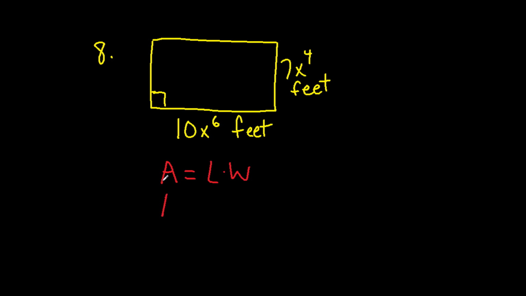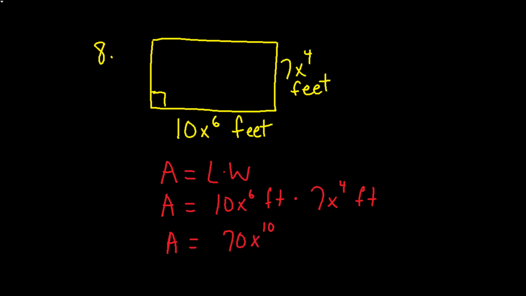In this case, if the length is 10x to the 6 feet and the width is 7x to the 4th feet, then we just multiply the 10 times 7 out in front to give us 70, and the x to the 6 times x to the 4th have the same base, so we can add those exponents. The unit is feet times feet, which is feet to the 2nd power, also known as square feet. So that's the final answer for this problem.